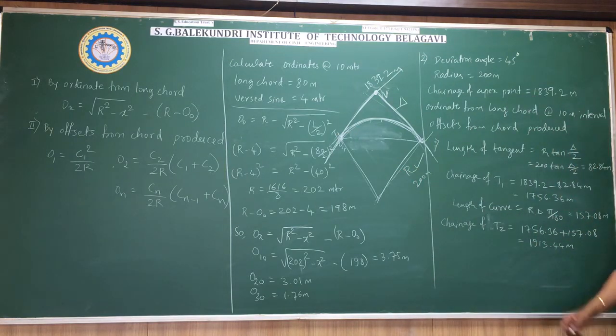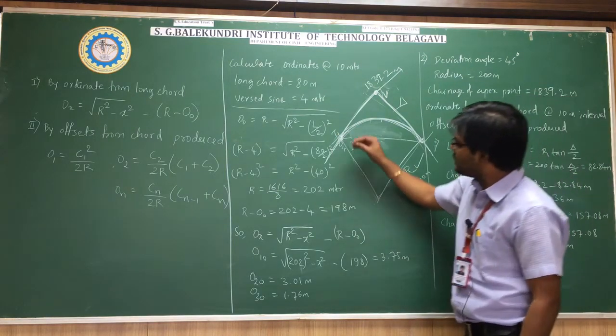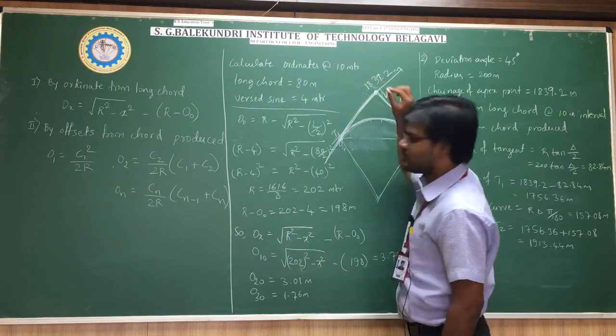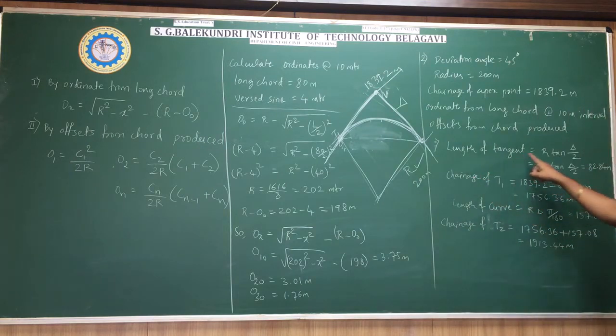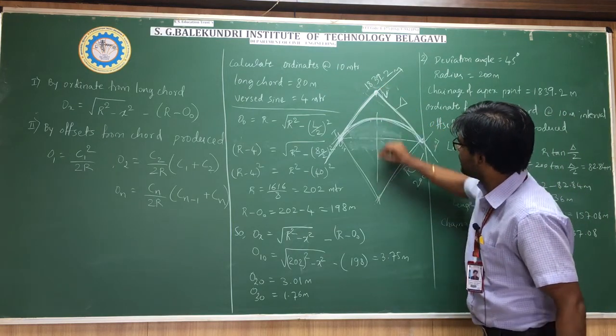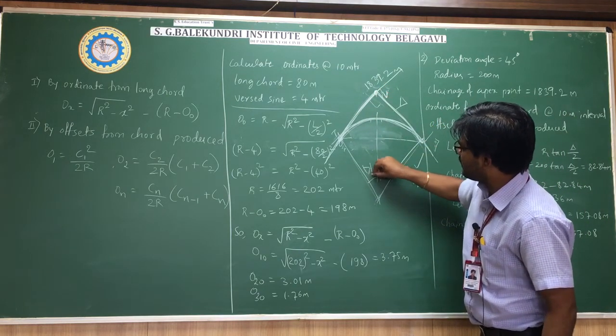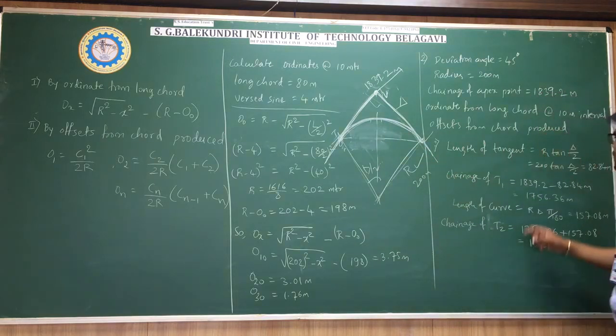First step, start with the length of tangent. This is tangent. This is tangent. The length of tangent can be calculated by R tan delta by 2. Considering this is a half, this is delta by 2, and applying the tan here, we will get R tan delta by 2.